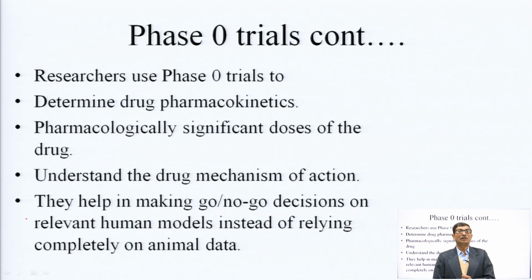Also, researchers do phase 0 to understand the drug's mechanism of action, and they help in making go and no-go decisions on relevant human models instead of relying completely on animal data. So, this is the next main aim of the phase 0 trial.